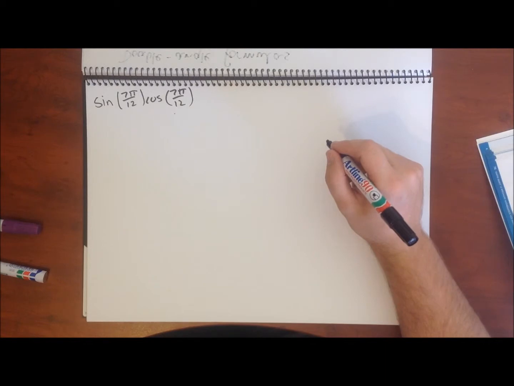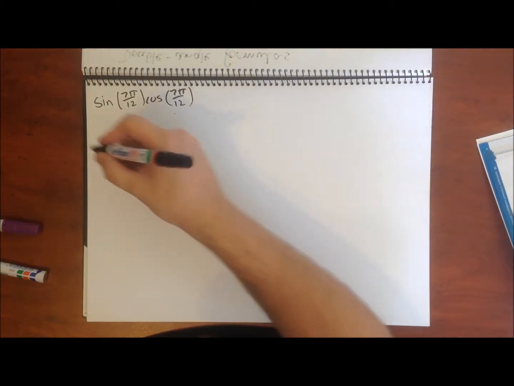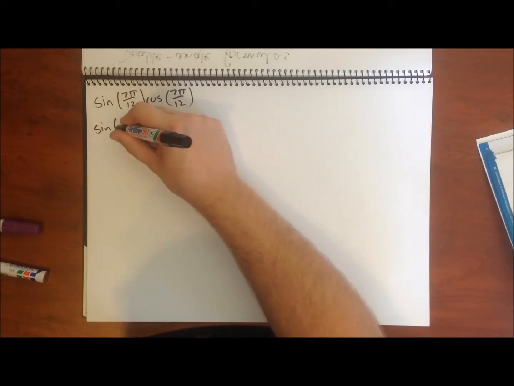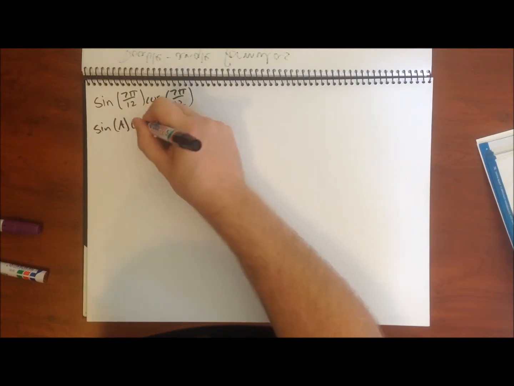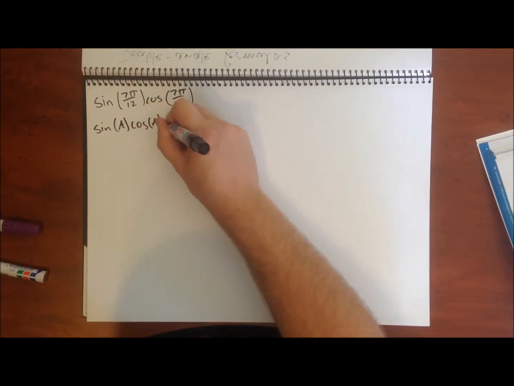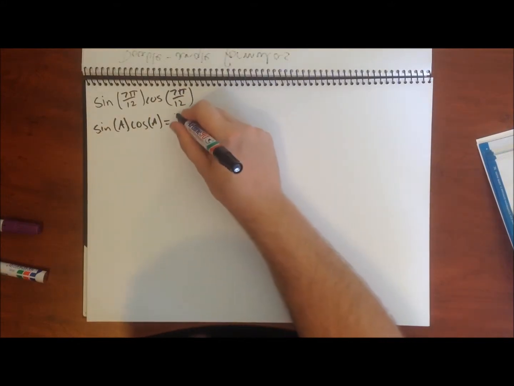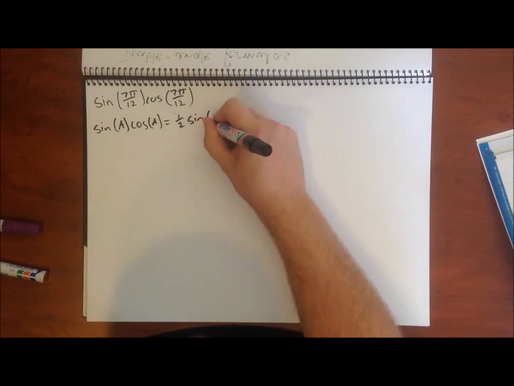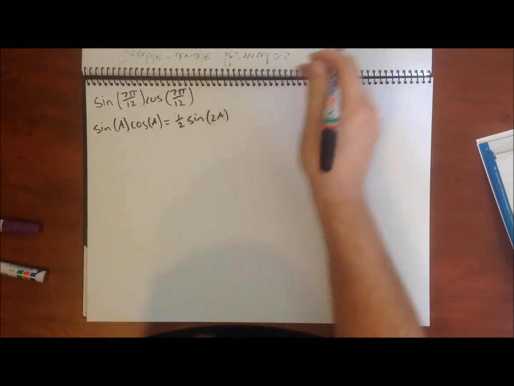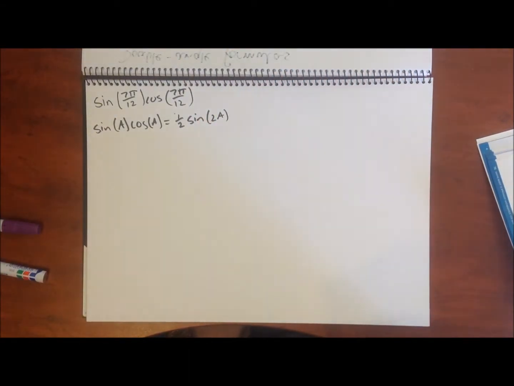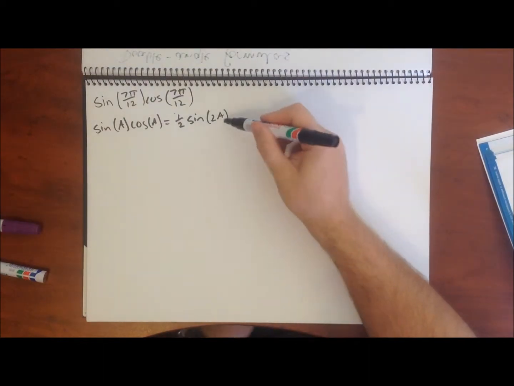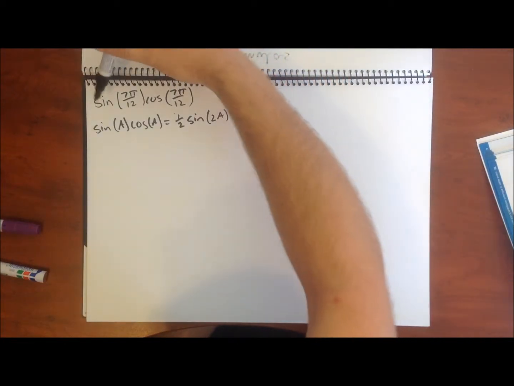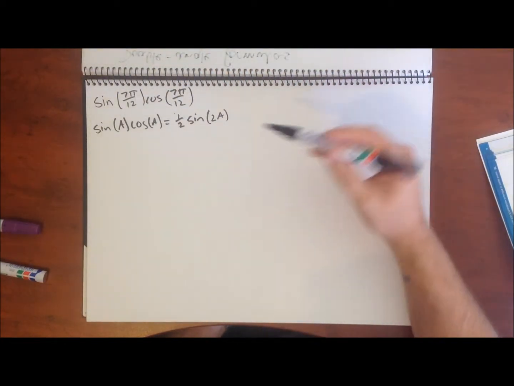Okay, so we're going to be thinking, well, sine of a cos of a equals a half sine of 2a. So that's just rearranging our original one, which is sine of 2a equals 2 sine of a cos of a. So just rearranging that a little bit because we've got sine times by cos.